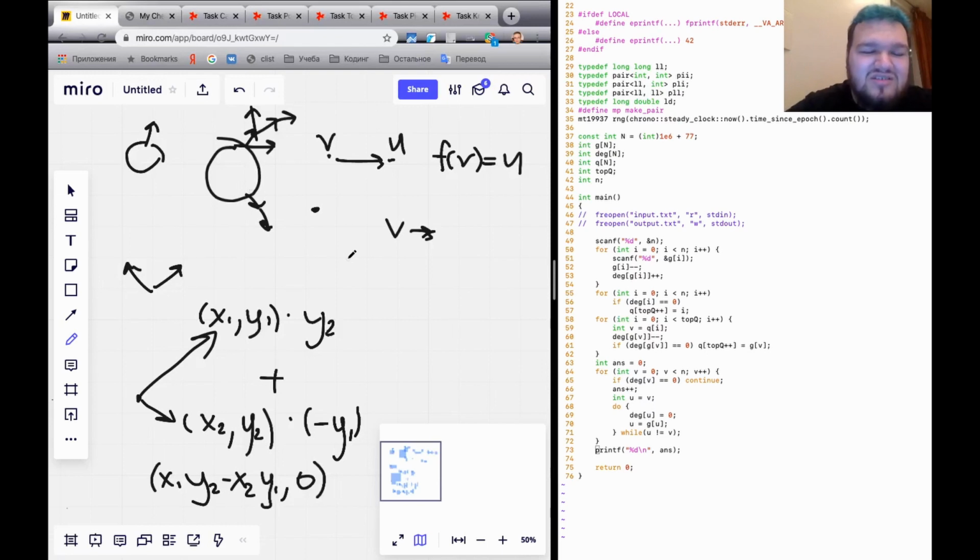We will get a construction that does it. It uses the extended Euclid algorithm. So what does it give us?